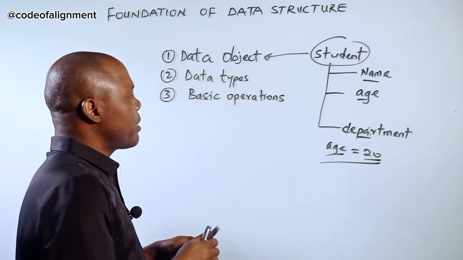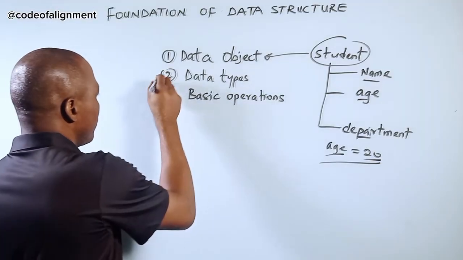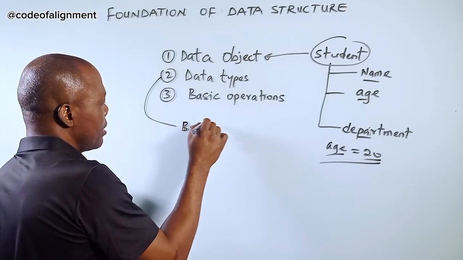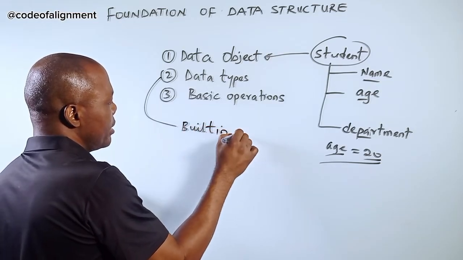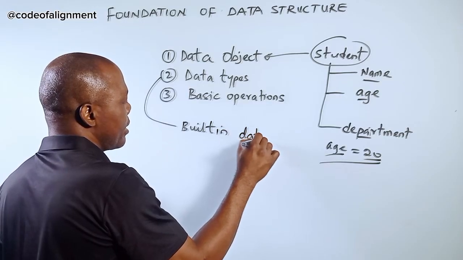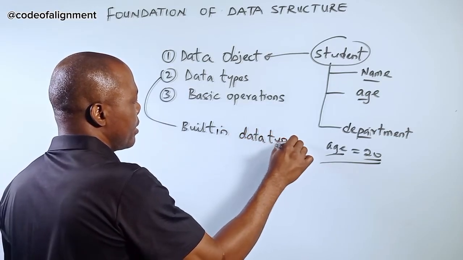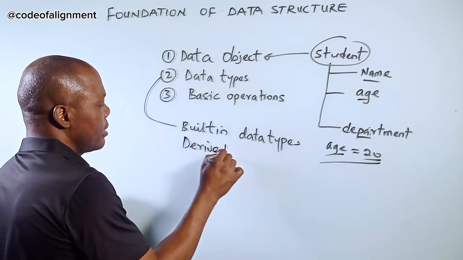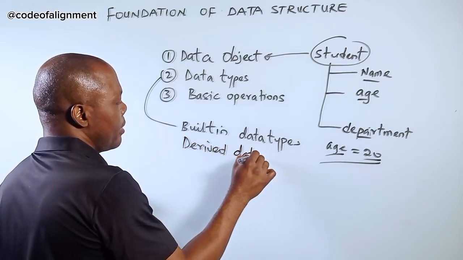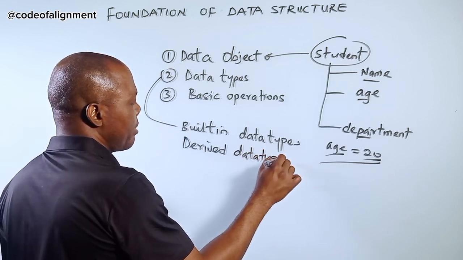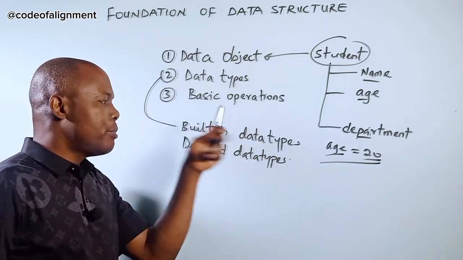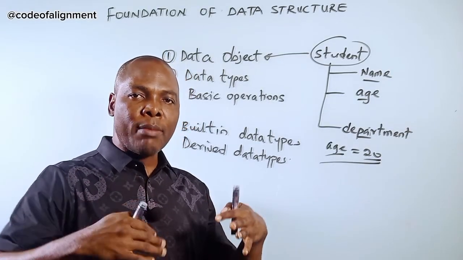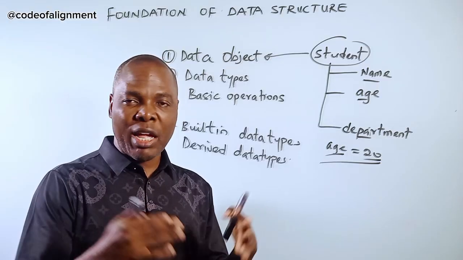So data types can be divided into two, right? We have built-in data types, and then we have derived data types. Now, built-in data types are data types that have been provided by the programming language.